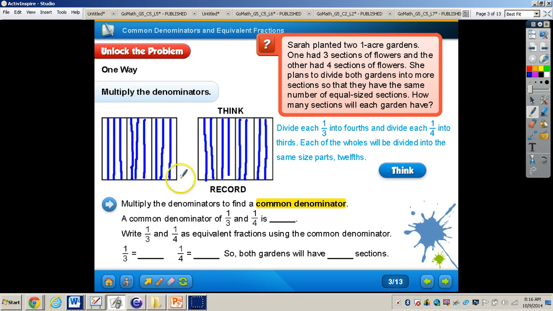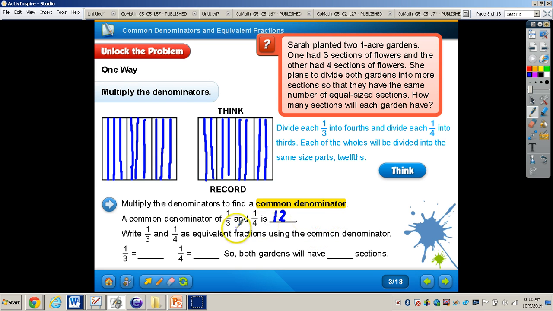Alright, so what we could do, we could even multiply the denominators to find a common denominator. Okay, so what we see here is that we have a common denominator of 3 and 4. Multiply the denominators. 3 times 4 is 12. Write 1/3 and 1/4 as equivalent fractions using the common denominator.